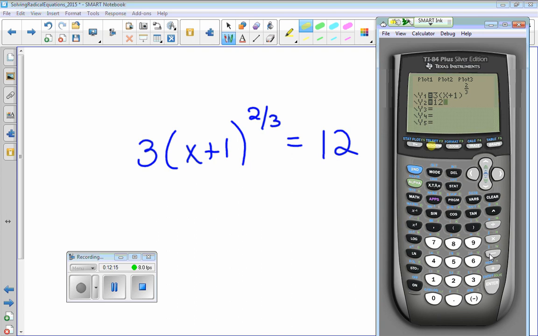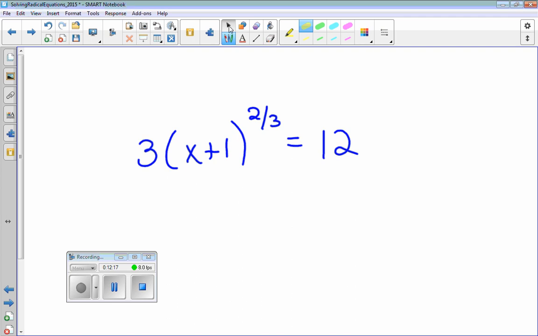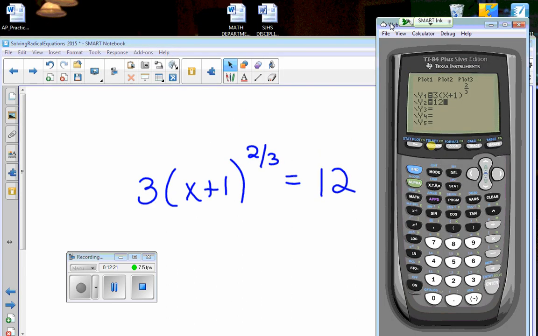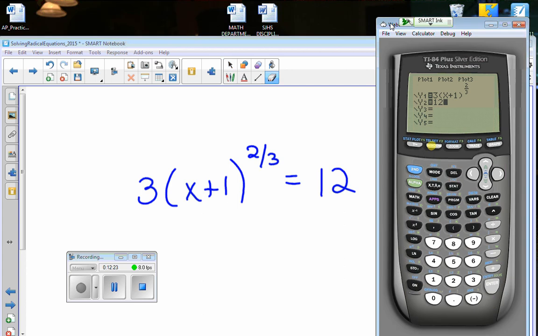So we'll need to go to our window, and set the y max higher than 12, like 15 or 20. I'll go to 20. Then if we graph it, we should see a couple of different places where it crosses.